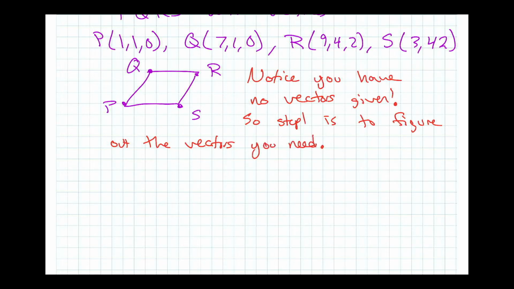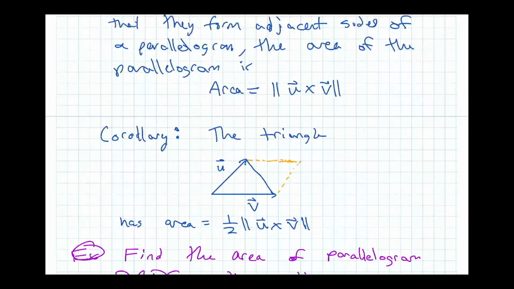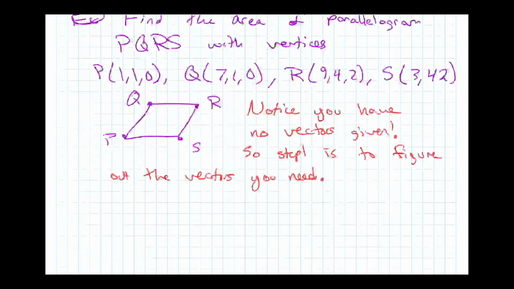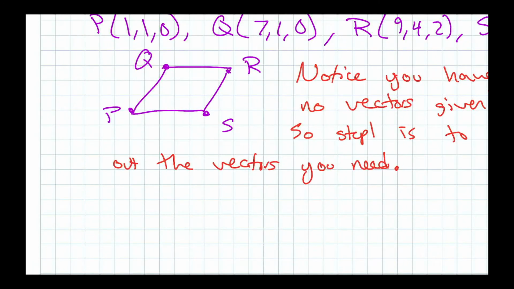Okay, so hopefully that makes sense, right? Because if you're going to be doing this calculation up here, you need the U and the V, right? The vector on this side and the vector on this side. So you've got to figure them out. We don't have them, right? So what you do is just label the vectors that you need, and then you can calculate them. So we start by computing what?